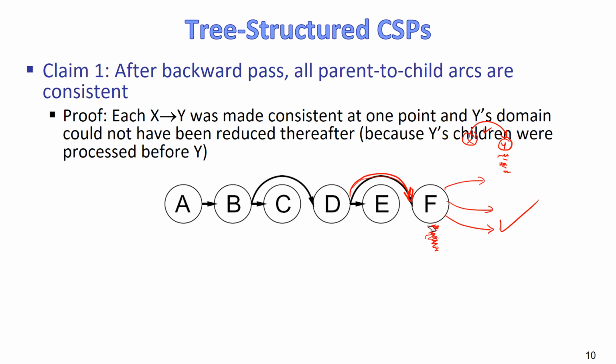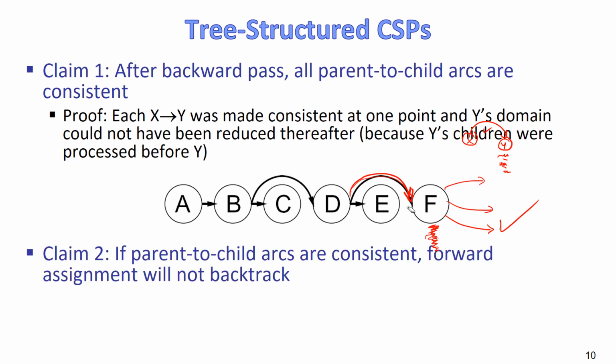So once we process the parent, we are sure that all the children of it are already processed, which means that after checking that node, the values of that node will never change, and thus every arc after checking it, we will not have to recheck it. So that's the first claim.